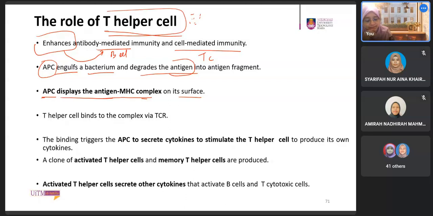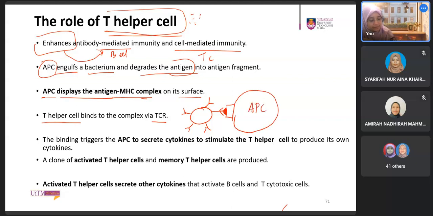So next, the helper T cell or the T helper cell binds to the complex via its T cell receptor. Okay, helper T cell will have receptors on its cell surface that will bind to the antigen MHC complex presented by APC. This is helper T cell.